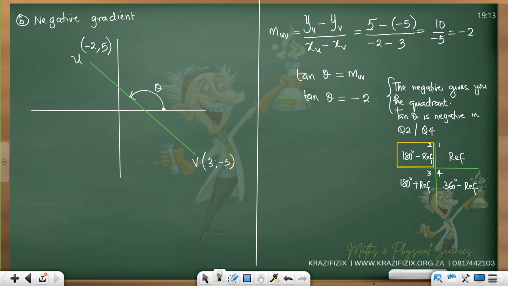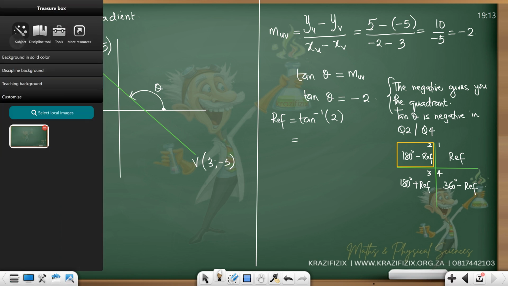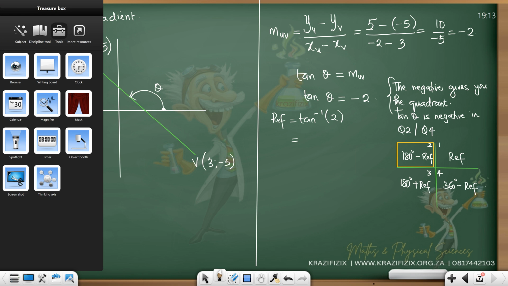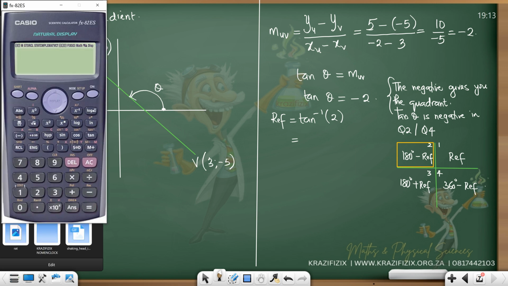So how do I find my reference? We forget the sign now. We just say arctan of 2. Forget the sign. That's what we're doing when we do general solutions.